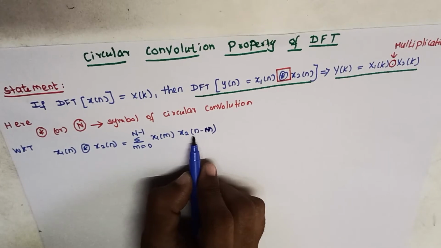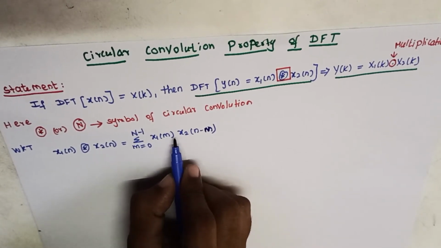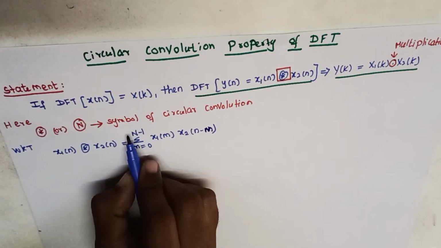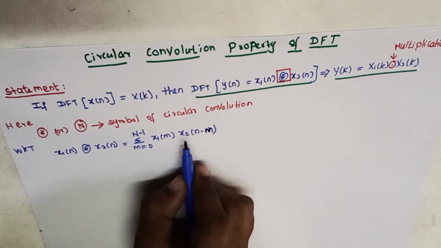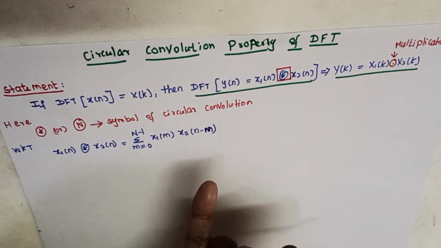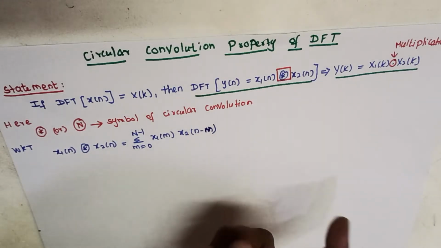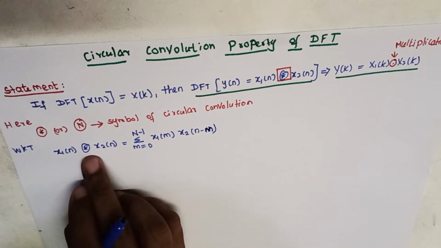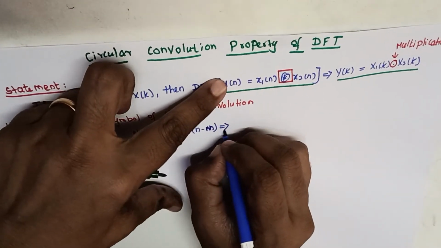We have to multiply this folded and shifted sequence of the second sequence with that of the first sequence, and then sum up all the samples. So this requires folding, shifting, multiplication and summation. Four different mathematical operations are required if we perform the circular convolution directly using this formula in time domain.